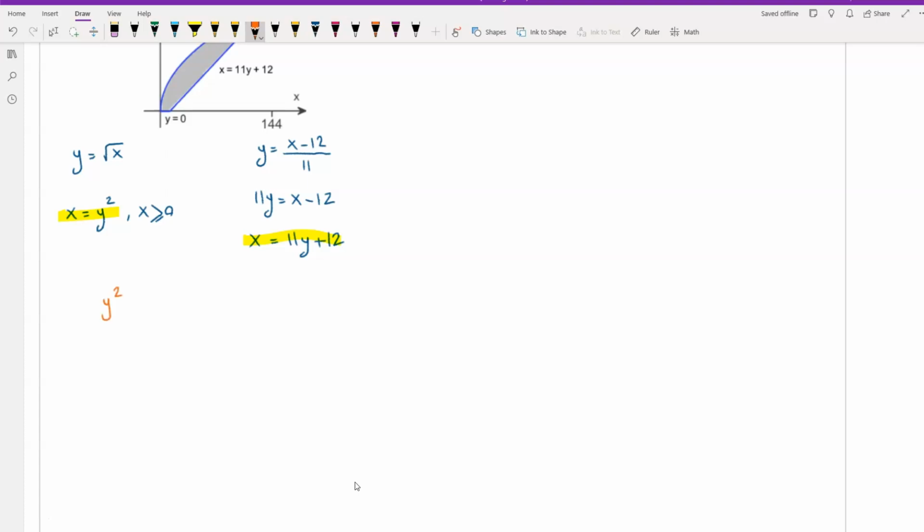We have y squared equal to, so this one, equal to this part, 11y plus 12. Solve for y. So here we have y squared minus 11y minus 12 equal to 0. So solving, we're going to have y equal to positive 12 and y equal to negative 1.